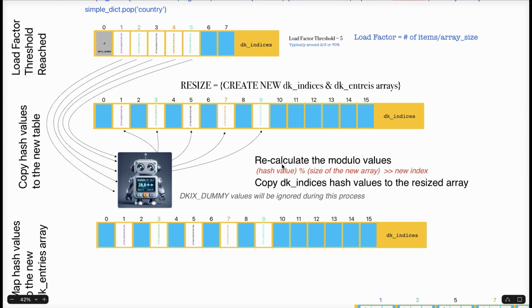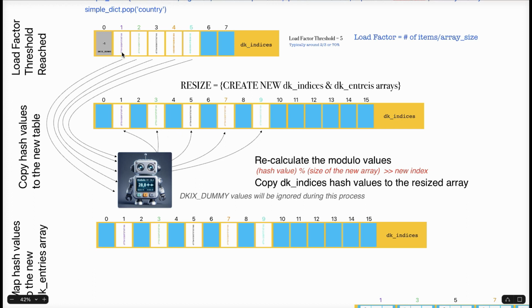Why do we need to do that? Because the size has changed. And if you remember, our denominator earlier was the size of the array. So that means now our values will be stored at a different index than they were before, because the size has changed, right? So we iterate through each of them and find them new homes in the new indices array.